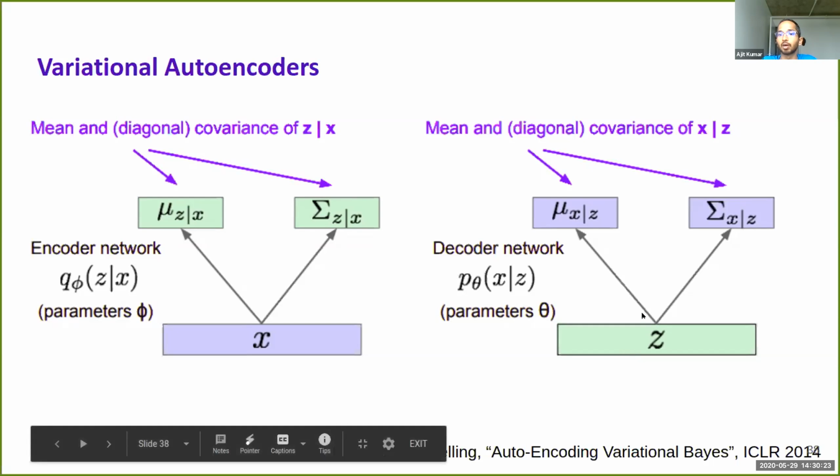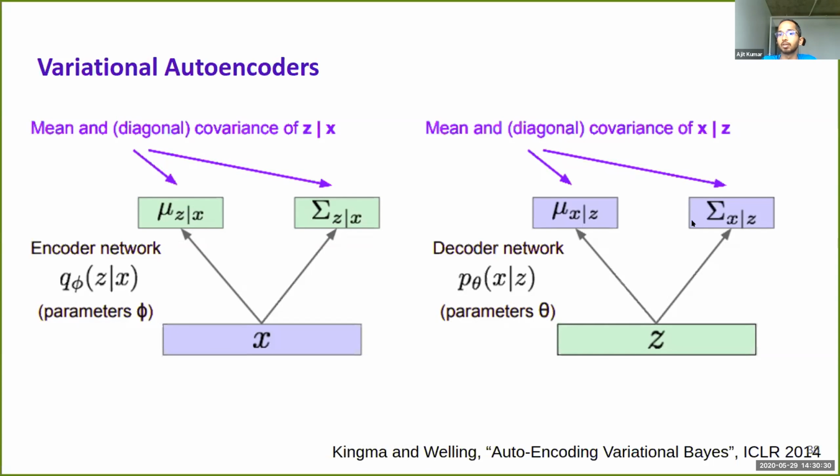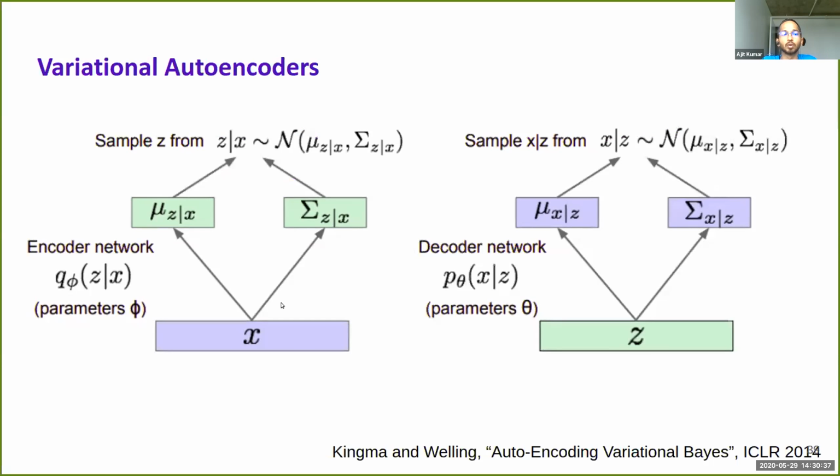From this Z layer, we have a decoder network which allows us to generate new images, and this would also give us a mean and the variance of the model X given Z. Once we learn the mean and the sigma of this, we can sample from this distribution given the mean and the sigma. We're sampling from a normal distribution, the same here, and then we combine these two to train the overall network.